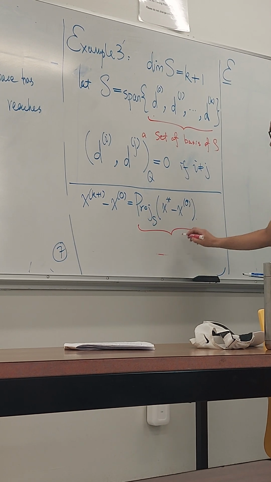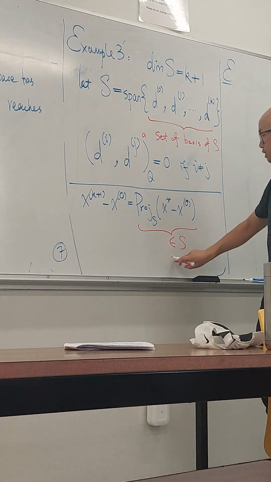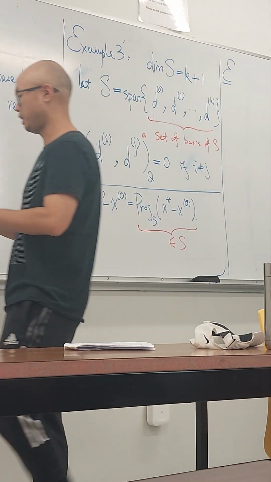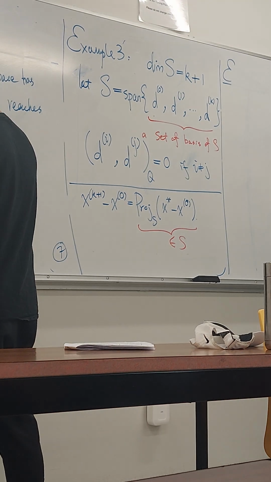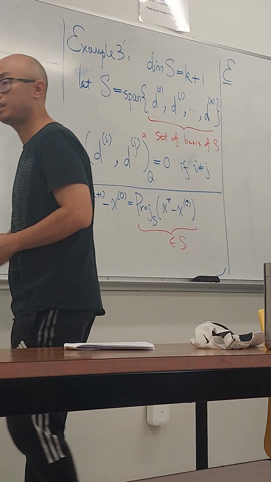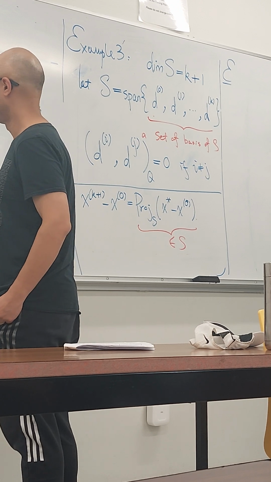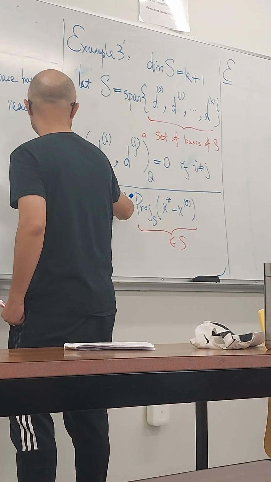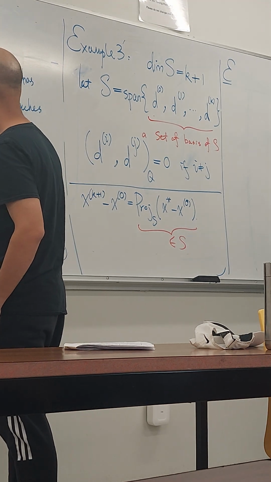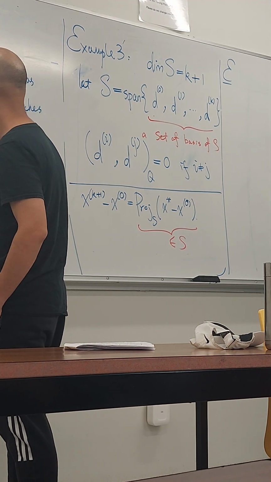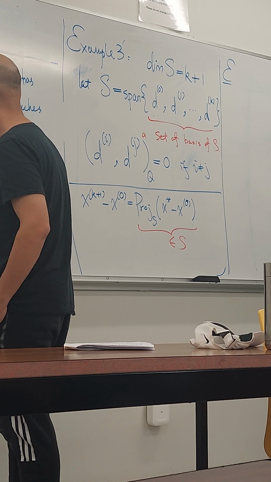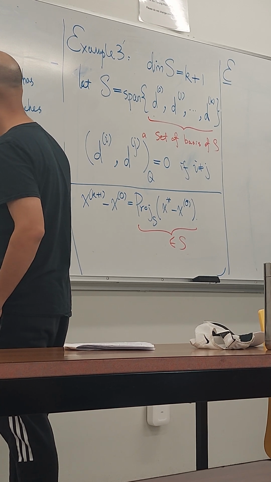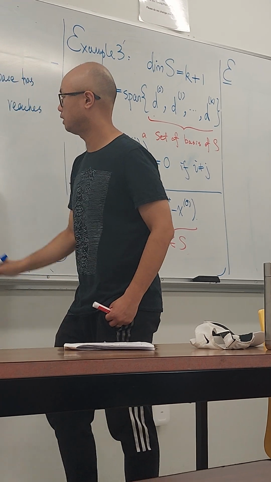So again, this is an element in S. So this projection. Let's recall this picture. This is our search subspace. This is our kth iterate. We can think of this as 0. So we move in the direction of this, and this is our x star.